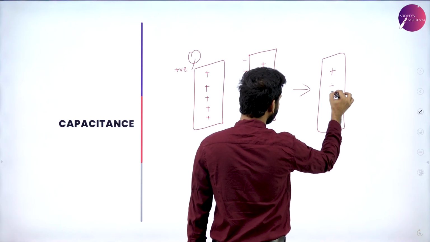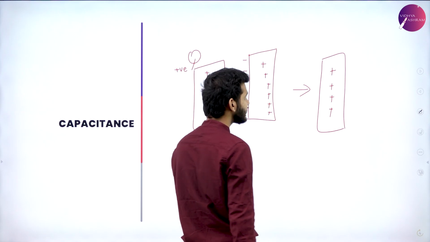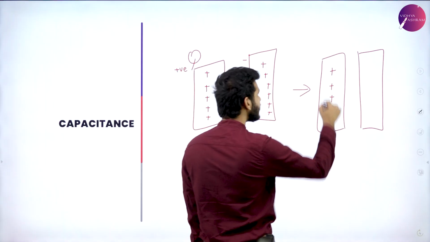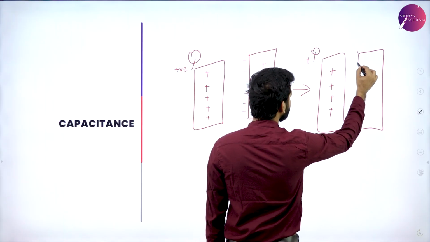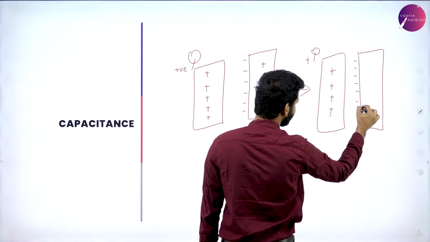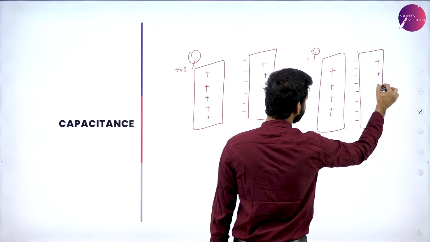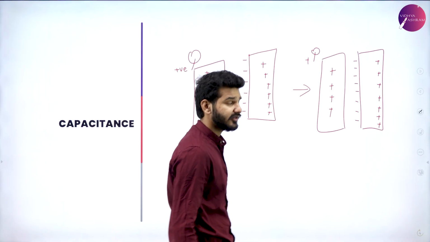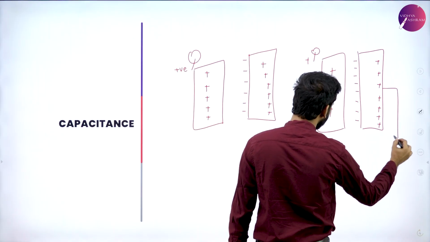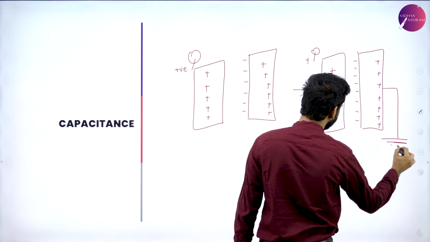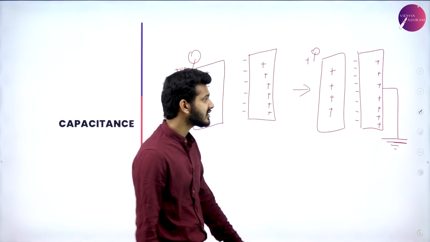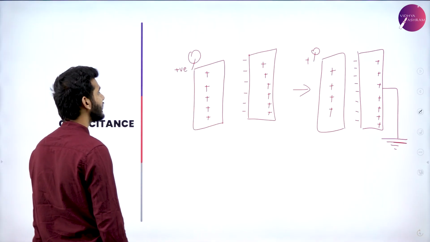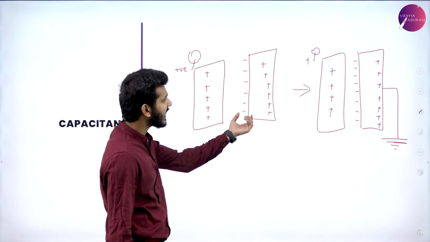Initially, I had positive charges, and then I kept one more sheet, developing charge separation, and now I'm going to introduce the phenomenon of earthing or grounding, which means that all the positive charges from that side run off to the ground, and now I am left with nothing but a positive side and a negative side.